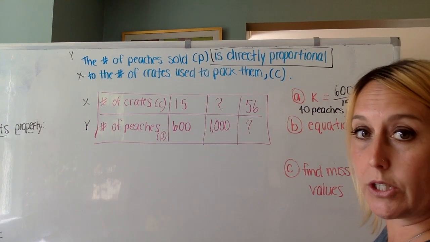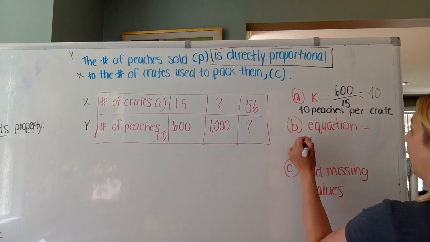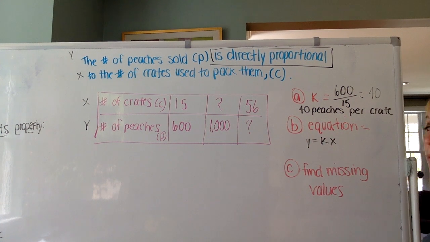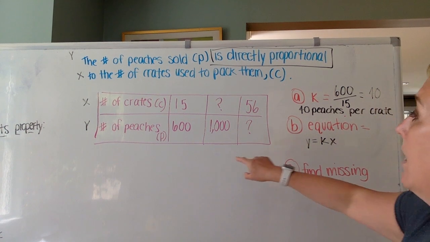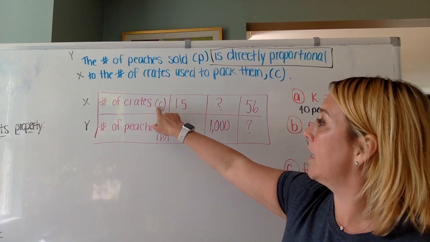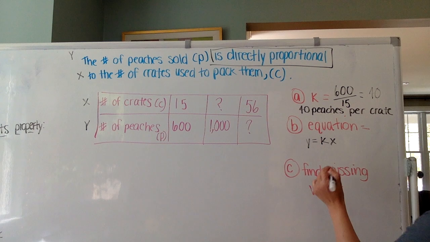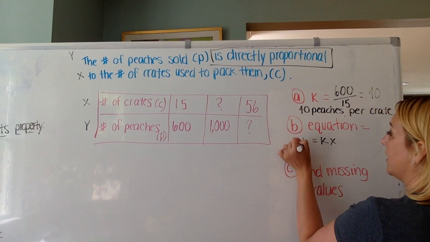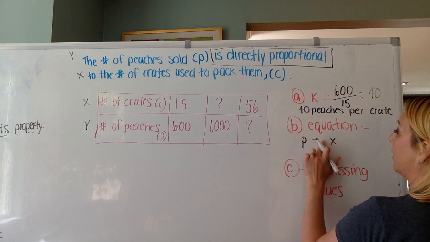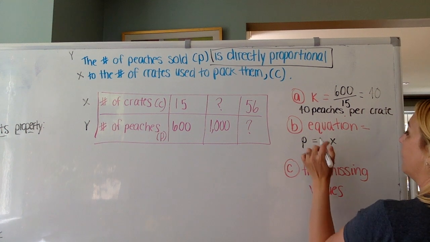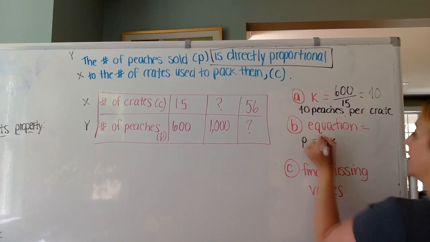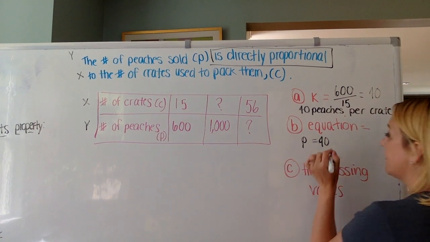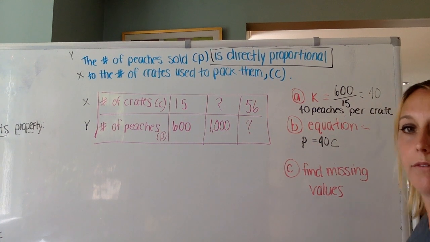So what's our equation? Our direct proportion equation is Y equals K times X. But in this case, they gave us a different variable for Y and for X. So I'm going to change my Y, since they want me to use P. My constant is 40, and my X is represented in this problem by C, the number of crates.